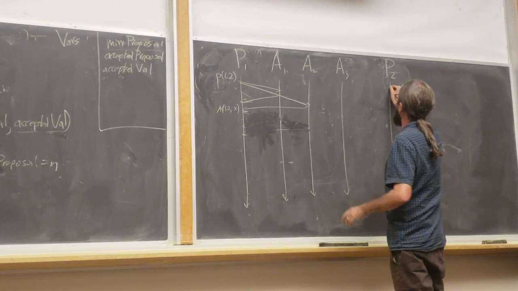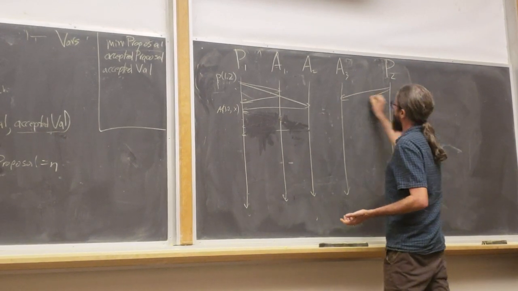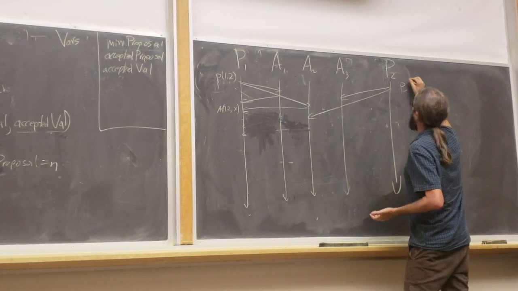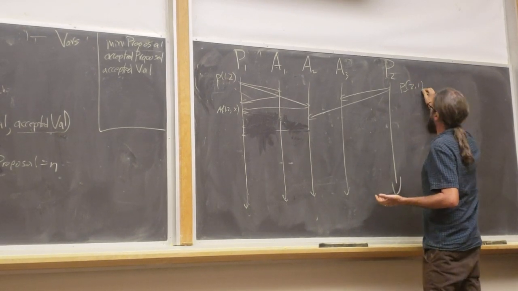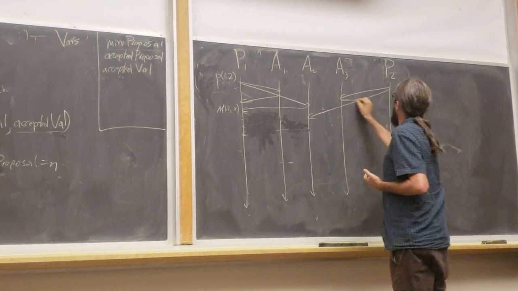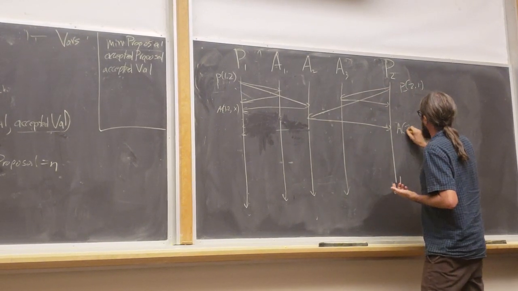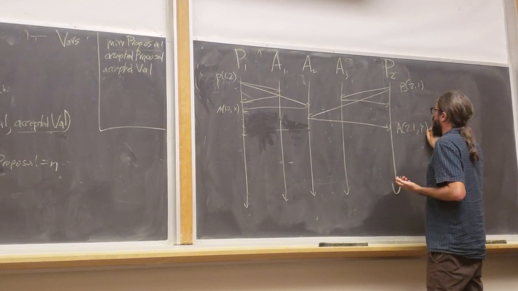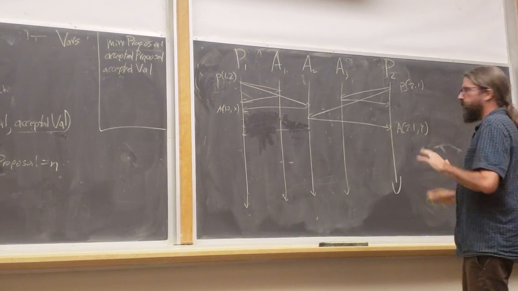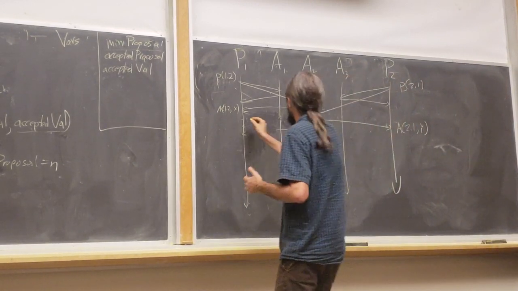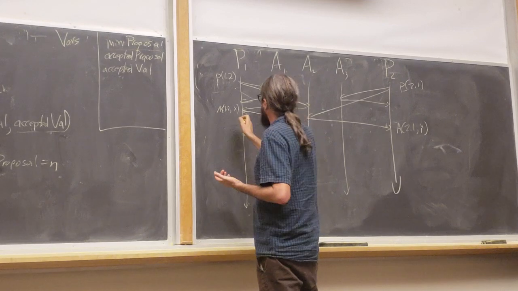Cool, cool. And then this other guy comes along, and he's like, cool, cool. You know, this is proposal 2.1. Okay, we'll get back our promises. Everything's unconstrained, cool. So we're going to ask you to accept 2.1 with the value of y. But let's hold there. And then this guy says, cool, can you please accept x?